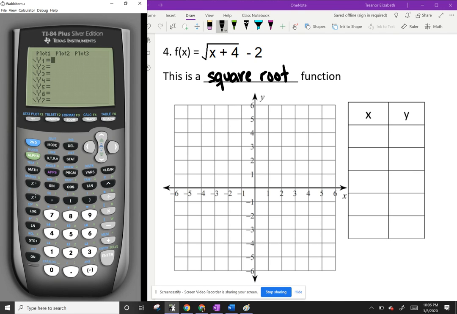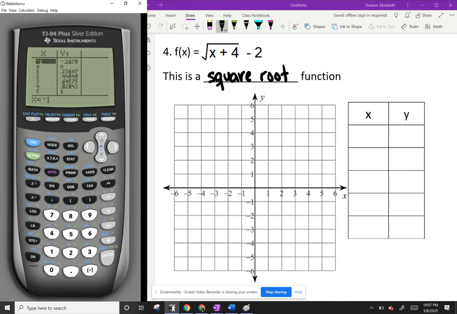So if you look right above the x squared button, you'll see this square root symbol in blue. That means we need to press second first, and then the x squared button. And there's our square root symbol.